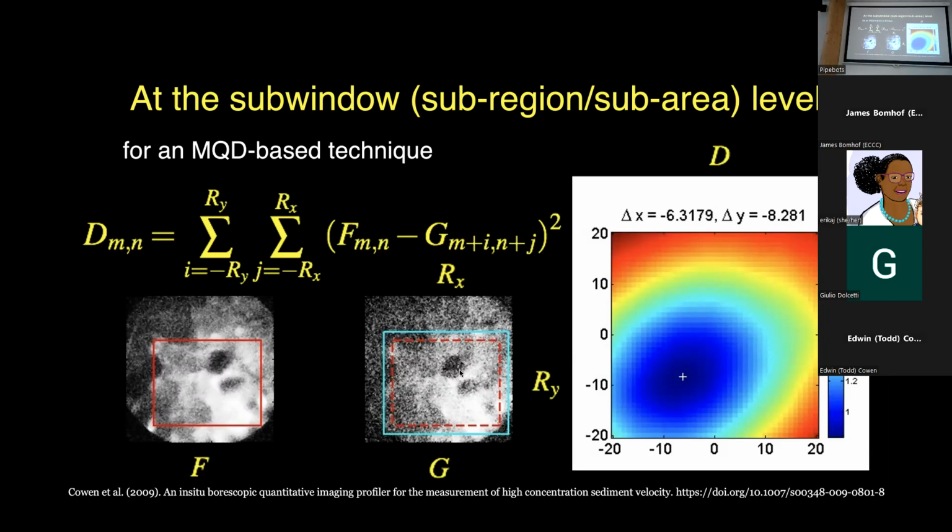But here I'm actually tracking sediments that have been illuminated by a camera on a distal tip of a borescope. And so what we see are sediment grains going by the tip of the borescope. So black features and white features, depending on the granular material. We want to track both, which is why we went with MQD. But you see the scale of those particles are quite large, leading to a very large minimum region.